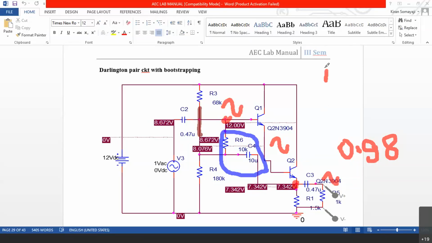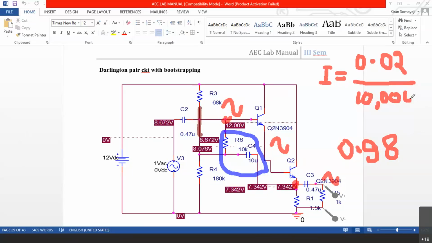So across 10K, what is the current? Across 10K, the current is 0.02 volts divided by 10,000. I am giving an input of 1 volt only.